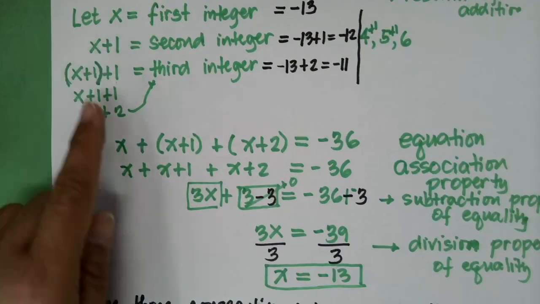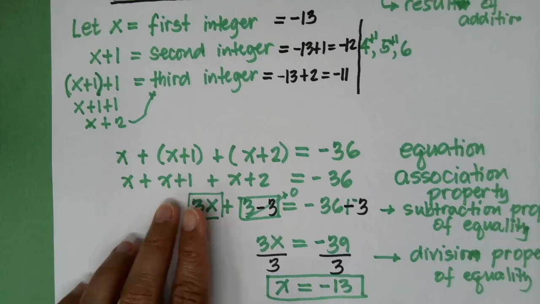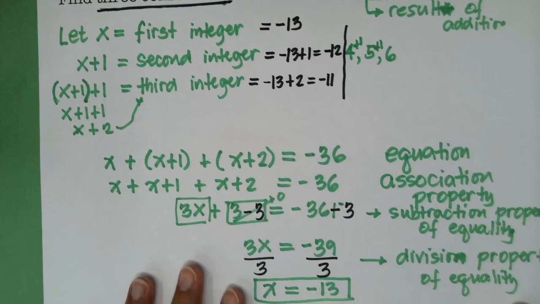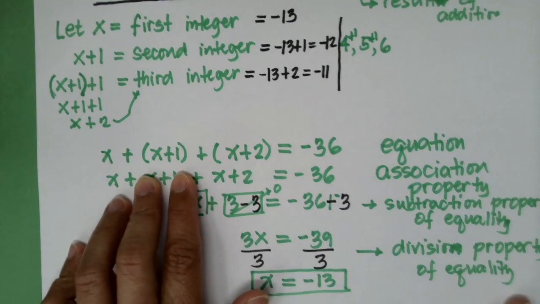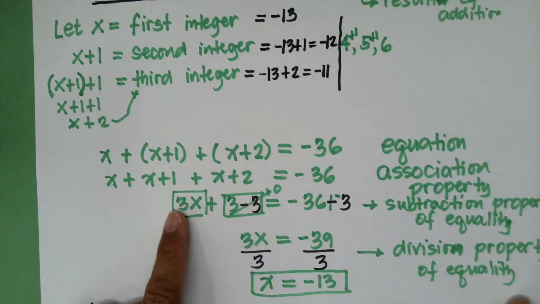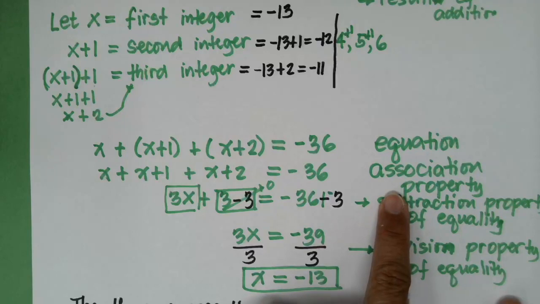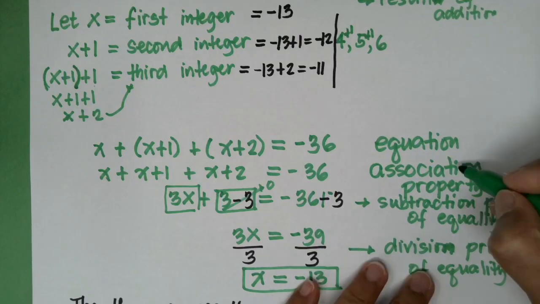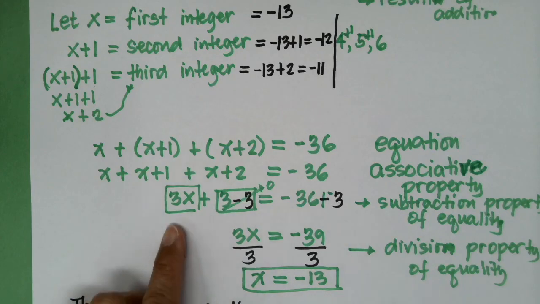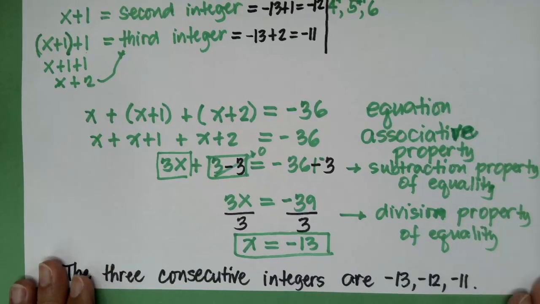We use parentheses here to group the expression representing the second and the third integer, and we remove the parentheses because each group is not multiplied to any number, and we were able to do that using the associative property of addition. Alright, and then proceed with the simplification.